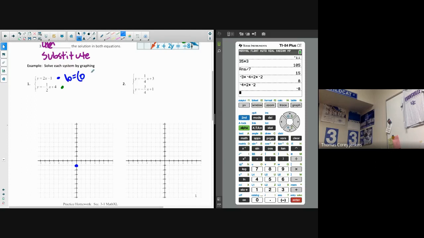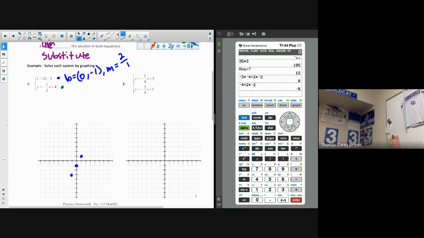B is 0, negative 1, and m is 2, or 2 over 1. So that'd be up 2, right 1, or down 2, left 1. Okay, I could just draw my line, but I'll finish that up later.